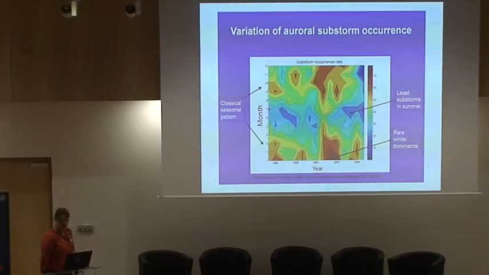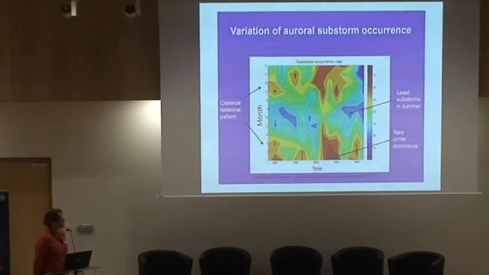That is pretty much true in multi-year averages, and you can also see that in this picture. But there is also variability in different time scales, and you may see the largest activity occurring during winter 2003, 4 and 5, that red area in the lower part of the picture.